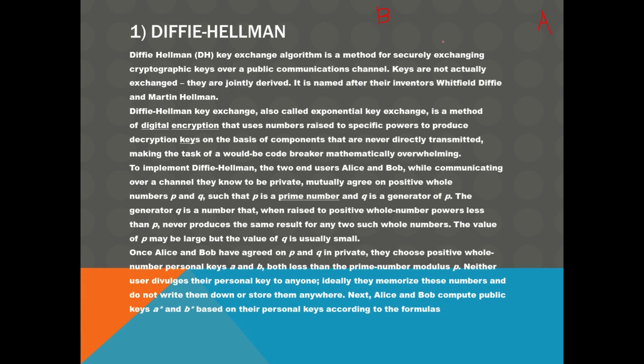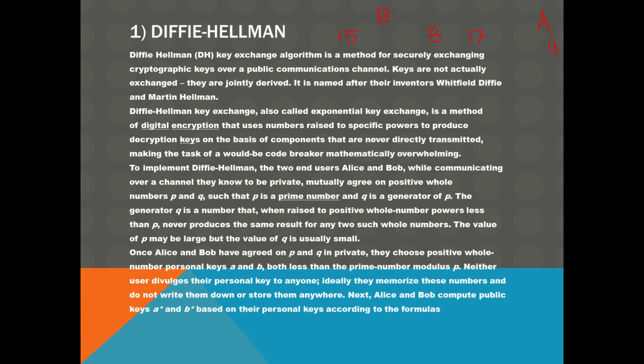Suppose they jointly meet and come to an agreement and choose two numbers. First of all, they choose 3 and then they jointly choose 17. Here 3 is called the generator number and 17 is the prime number. And now suppose Bob secretly chooses his personal number, say 15. And Alice does the same. She chooses 13.